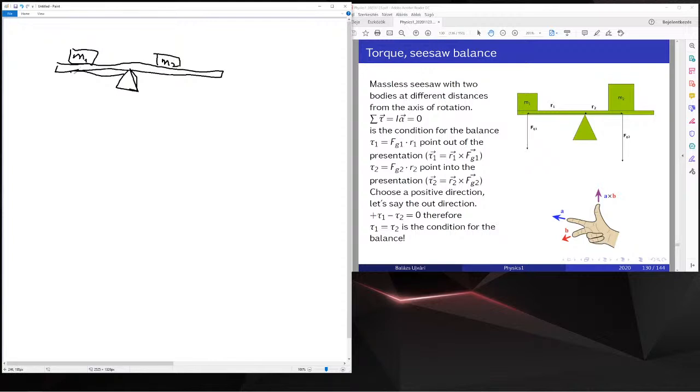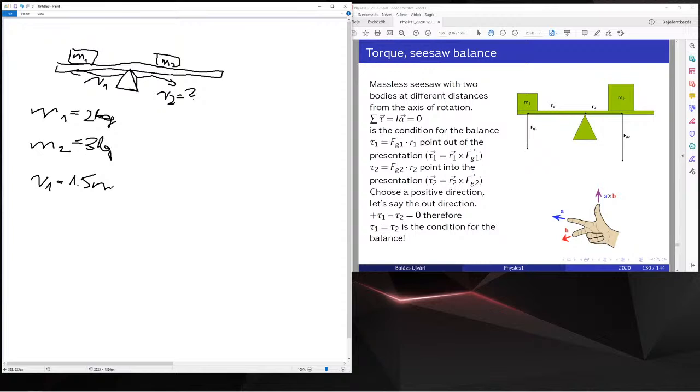If R1 is given in meters, you should calculate what R2 is. Let's say M1 equals 2 kilograms, M2 equals 3 kilograms, and R1 is 1.5 meters.